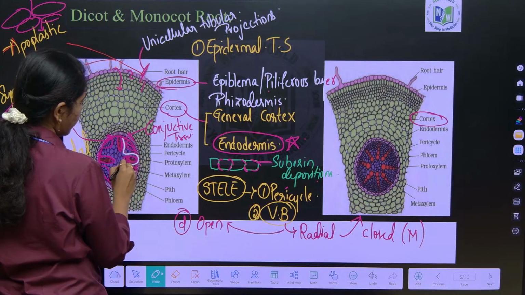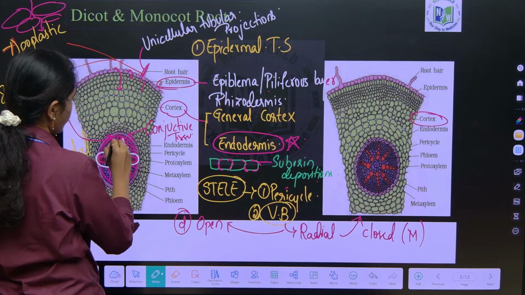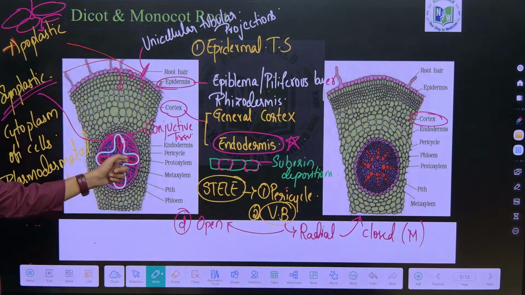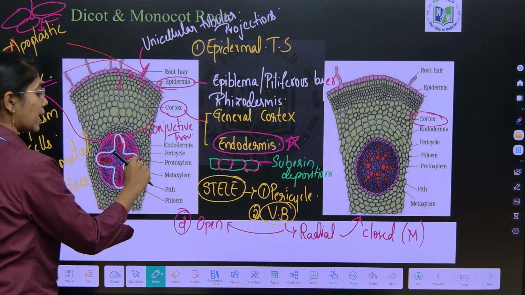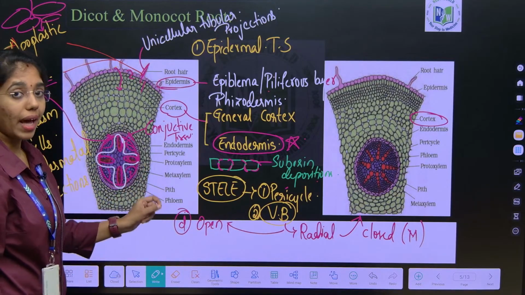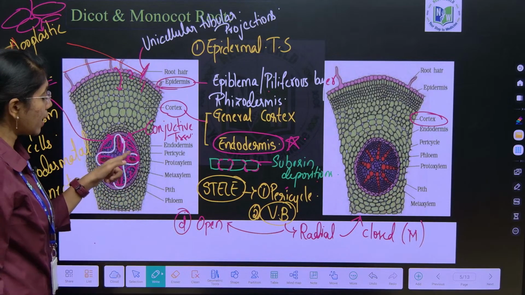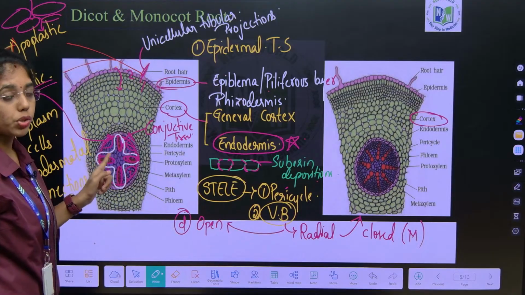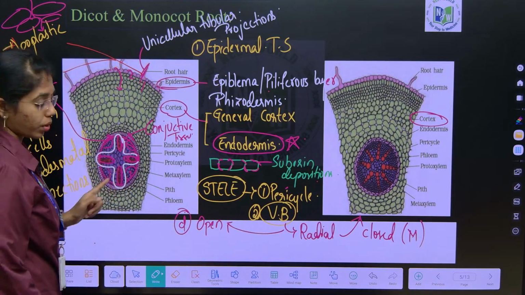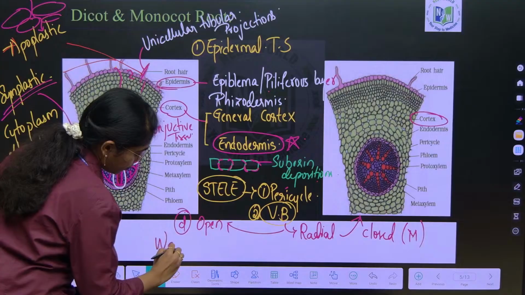In between xylem and phloem, cambium arises in the conjunctive tissue, and a wavy cambium is formed in the dicot root.